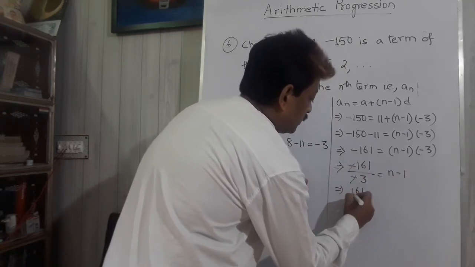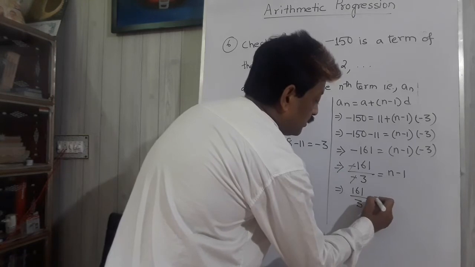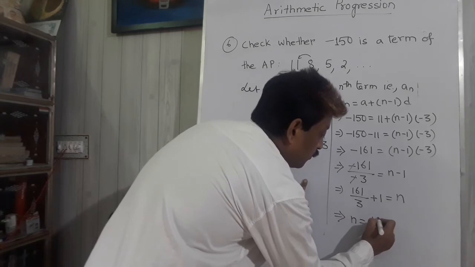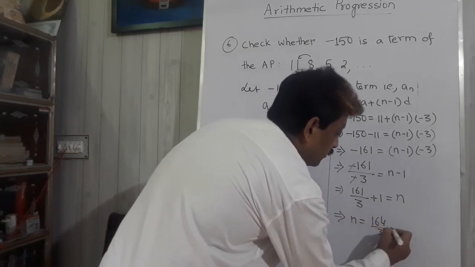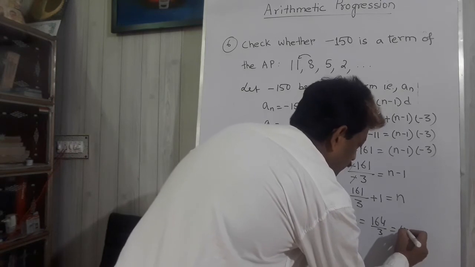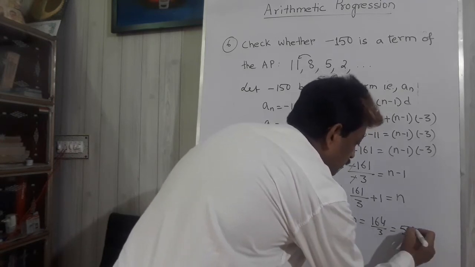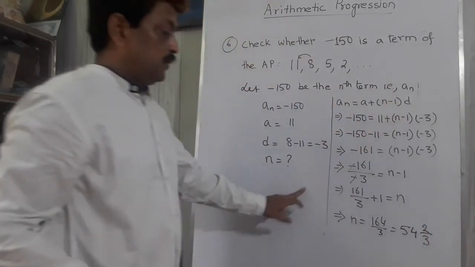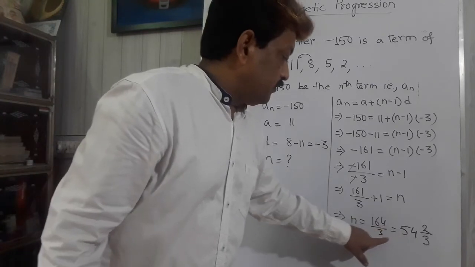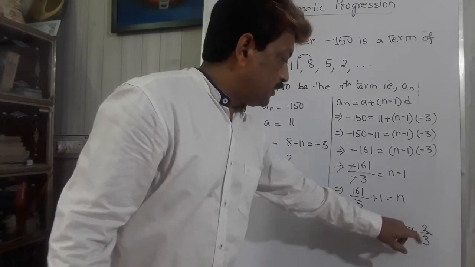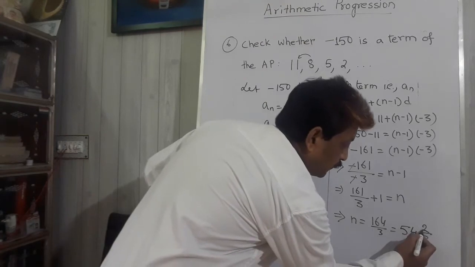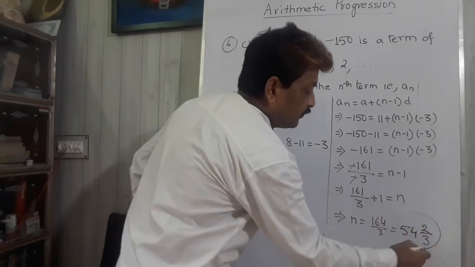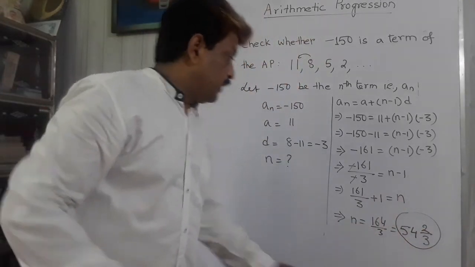So 161 by 3, this minus 1 will be plus 1 this side, so n is equal to 164 upon 3, or it will be 54 and 2 upon 3. 3 fives are 15, 3 fours are 12, 162 plus 2, 164. So the value of n we are getting is 54 and 2 by 3.